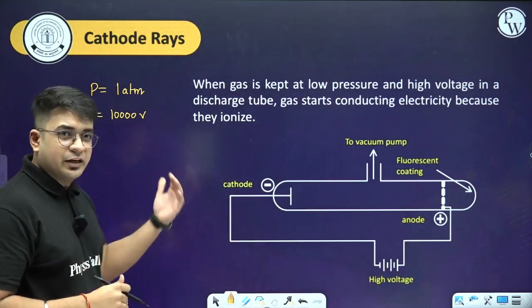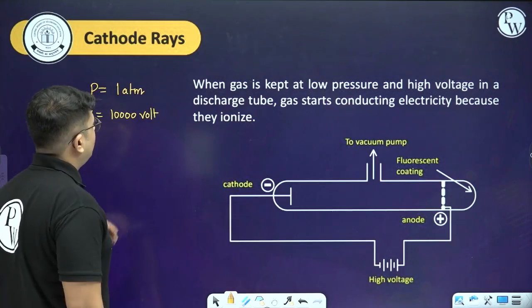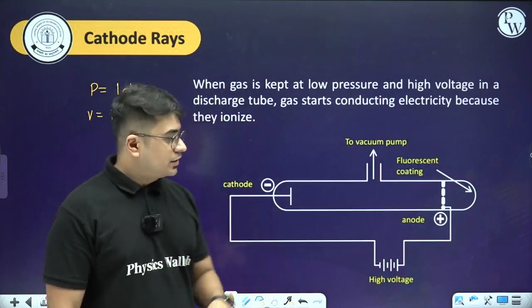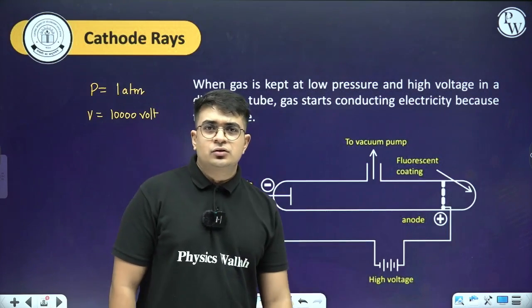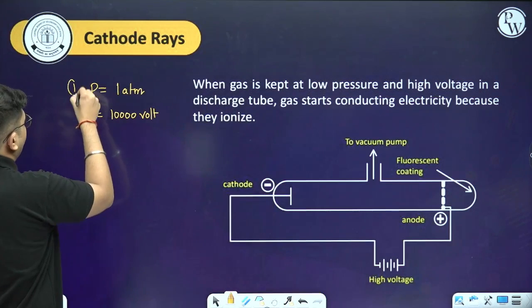At this voltage and this pressure there was no emission of anything. So he thought gases are not conducting in nature. This was the first set of experiment.